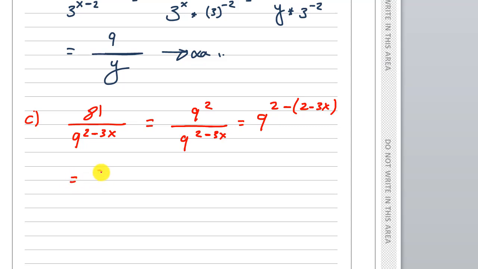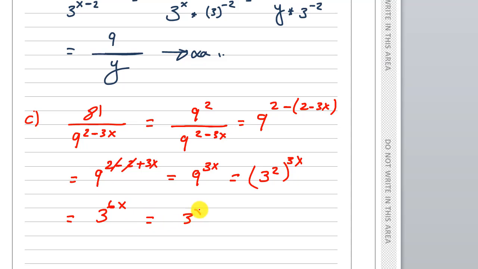So it's equal to 9 to the power 2 minus 2 plus 3x. So this 2 cancels this 2, so it's equal to 9 to the power 3x. It's equal to 3 squared all to the power 3x. So it's equal to 3 to the power 6x. It's equal to 3 to the power x, all to the power 6. So it's equal to y to the power 6. And this is the answer of this question.